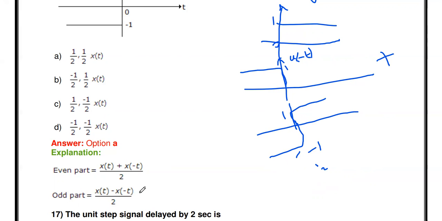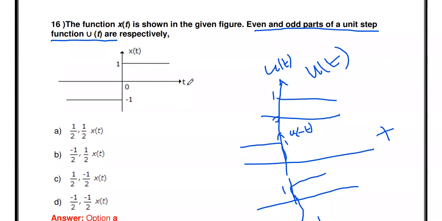Then if you want to find the odd component, you just divide it by 2. If you divide this amplitude by 2, minus 1 is reduced to minus 0.5 and 1 is reduced to 1 by 2. So here 1 by 2, here minus 1 by 2. So you see the signal shape is like our given x of t.